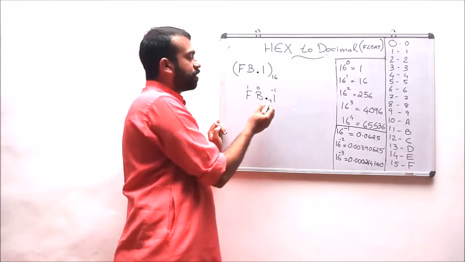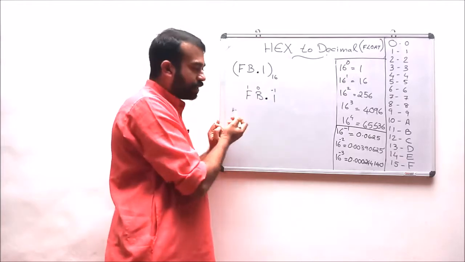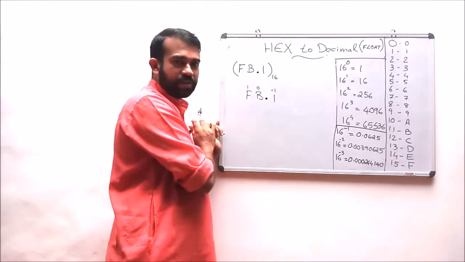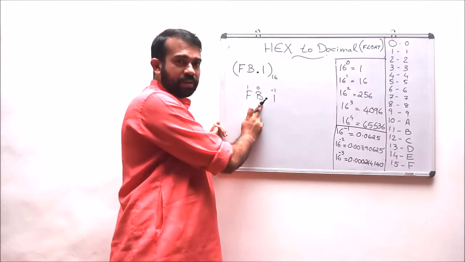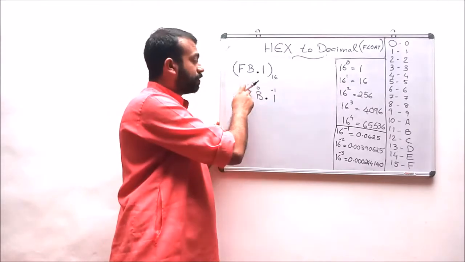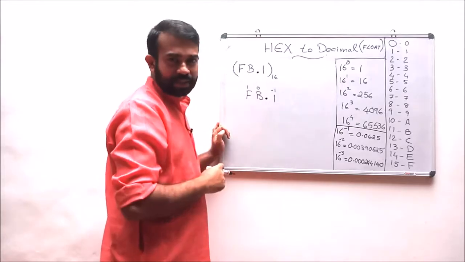So the unit position of this 1 is minus 1, B is 0, F is 1.